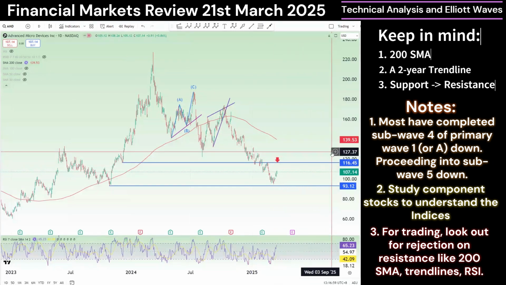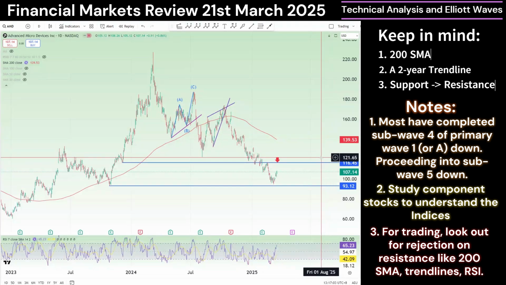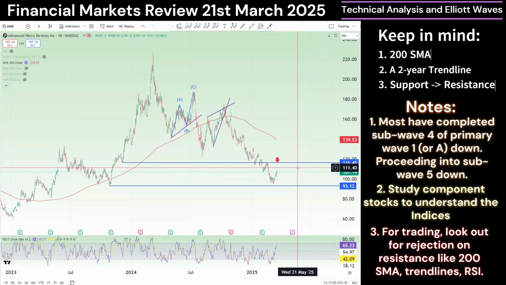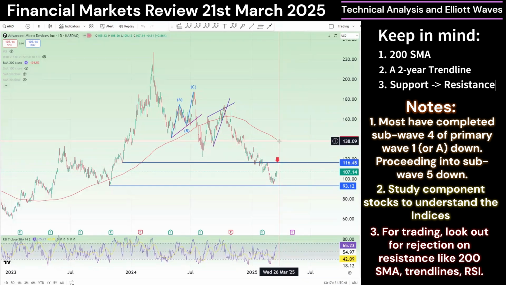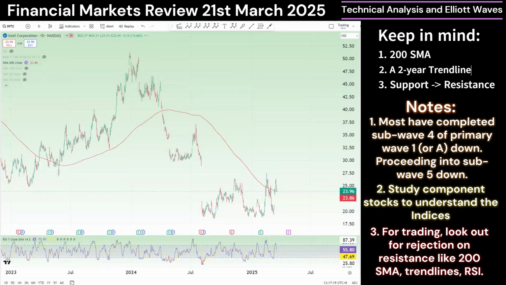I am a macro trader, so I don't actually touch individual stocks. But looking at the individual stocks gives me an idea of when I can actually short the indices, CFD, futures. So that is for AMD.